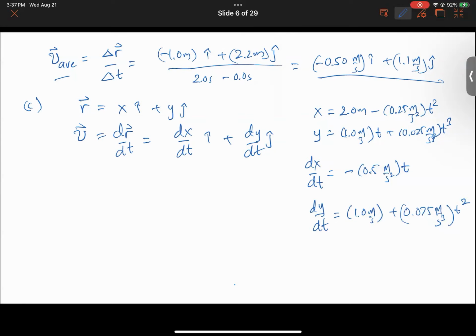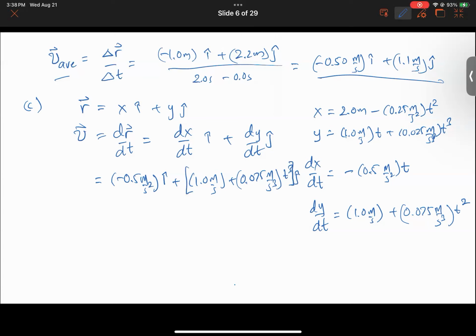So yung instantaneous velocity vector natin is then given as negative 0.5 meters per second squared t i hat plus 1.0 meters per second plus 0.075 meters per second cubed t squared j hat.